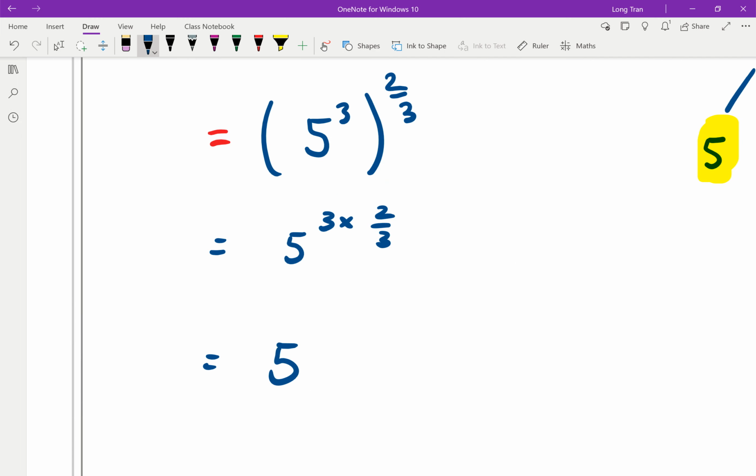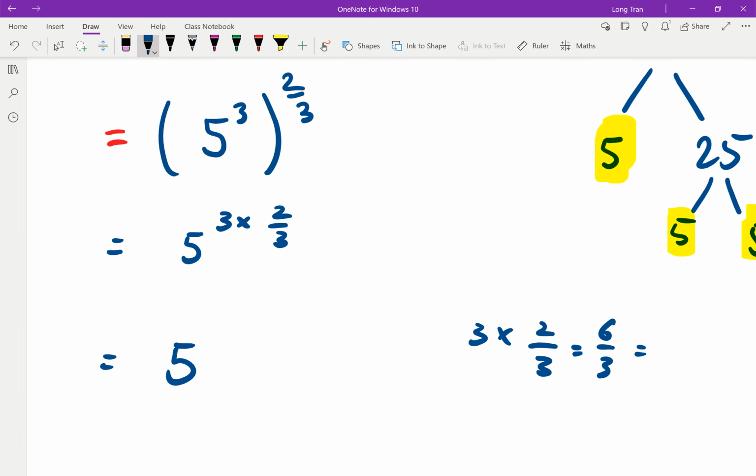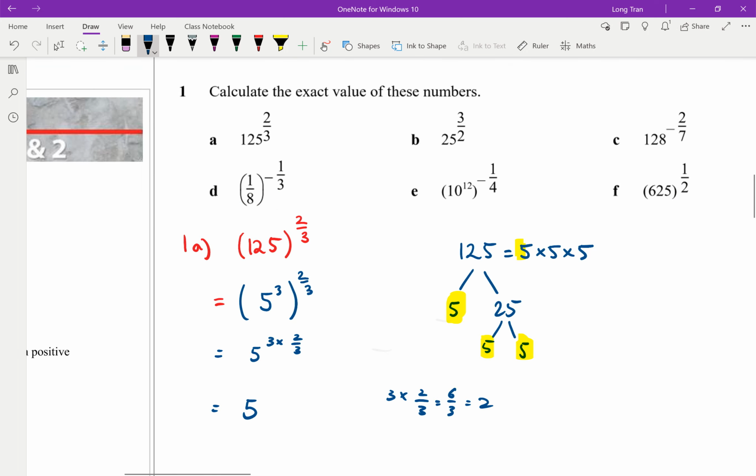Let's go with Jem. What's 3 times 2/3? 6 over 3, which simplifies to what? 2. Very good. This is what I want you to see, the pattern, and you can see why students generally struggle with these types of exercises, because they've got fractions.